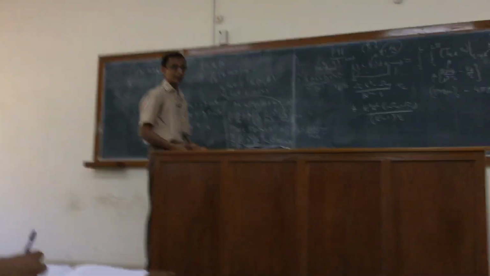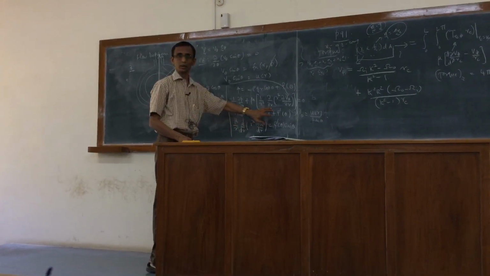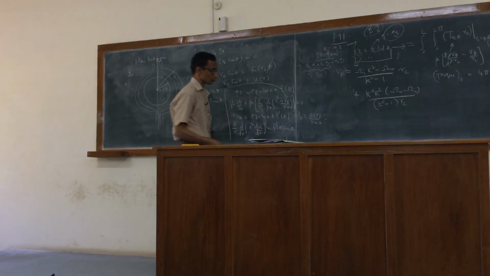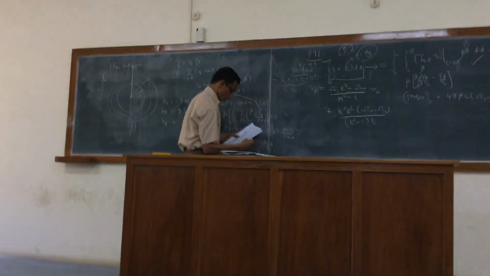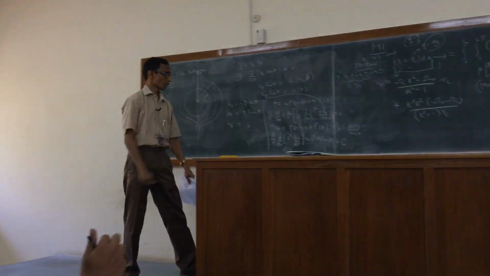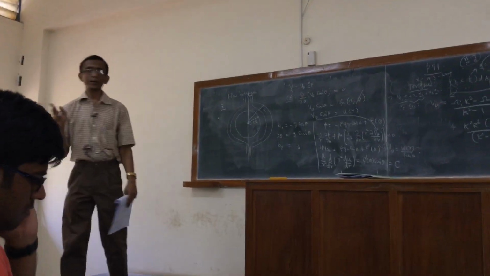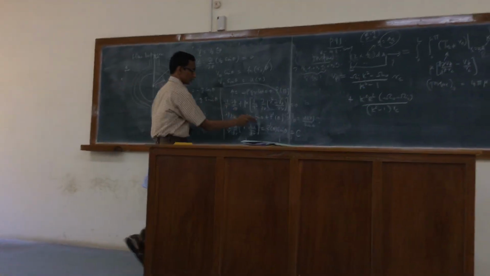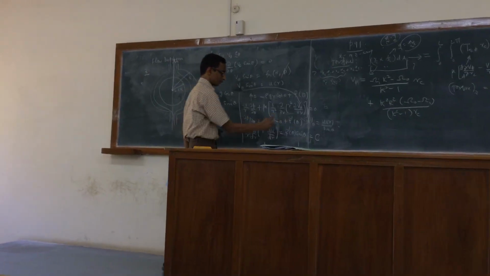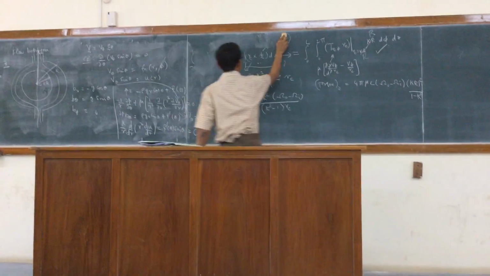Now I can clearly see this is a function of r alone, and this is a function of theta alone. So I can set this equal to some constant which I will call c. Now I can solve for u, though not quite independently, because c would have to be determined. That's very easy to solve.